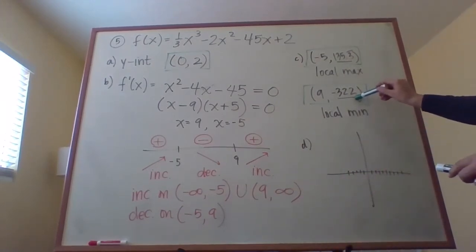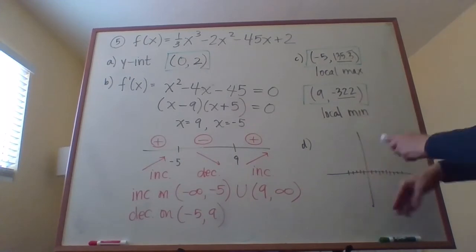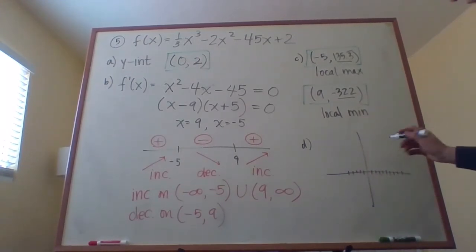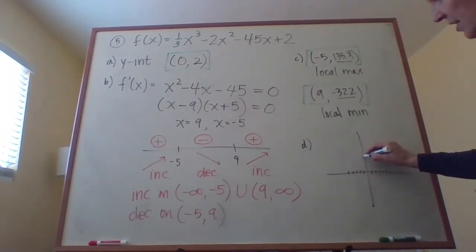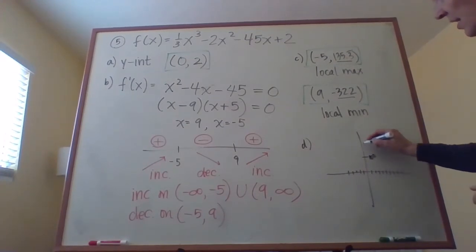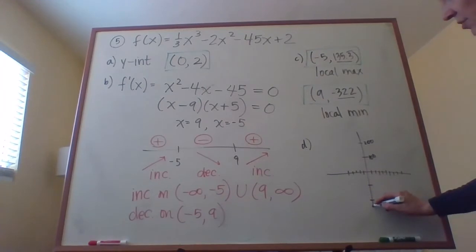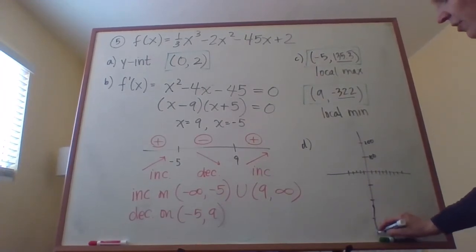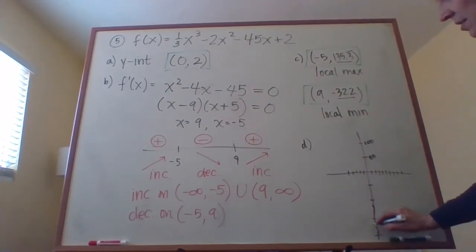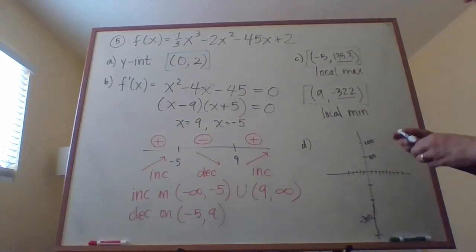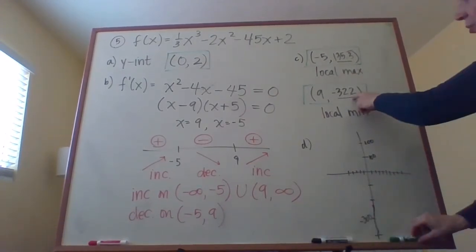So knowing that I have a pretty large local min, my scale on the y-axis is going to have to be pretty big. So let's say I go by hundreds. Here's 100. Here's 200. Then I'm going negative 100, negative 200, down to negative 300, negative 400. Okay, because I've got to plot these points that are pretty wide.